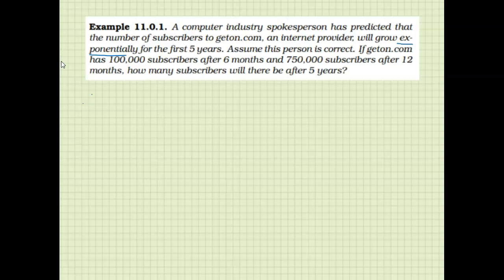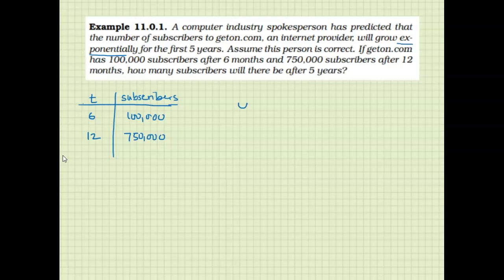After 6 months, we have 100,000 subscribers, and after 12 months, 750,000. So we need to build an exponential model from here.